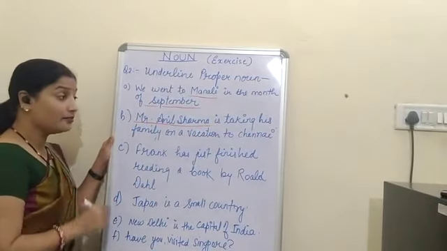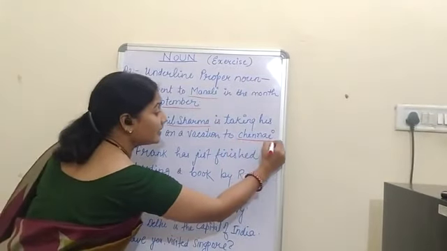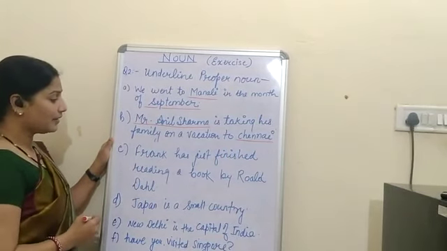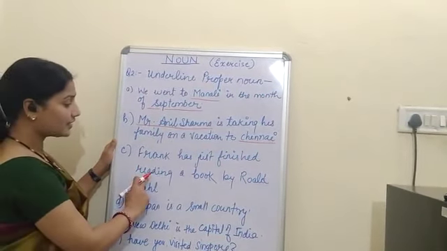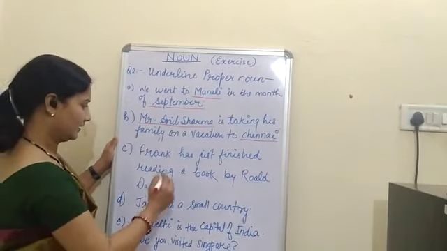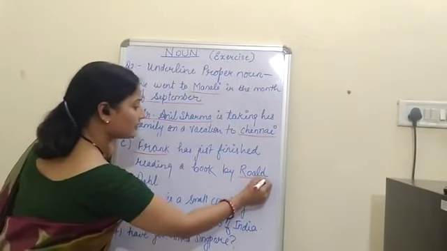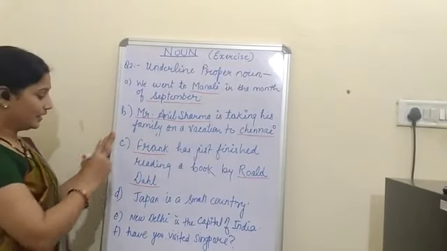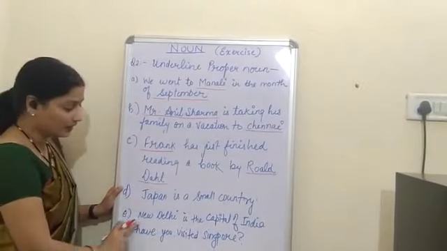Clear? And the name of a particular city, that is Chennai. Now this is a proper noun. One more example. Frank has just finished reading a book by Roald Dahl. Frank and Roald Dahl. Clear?